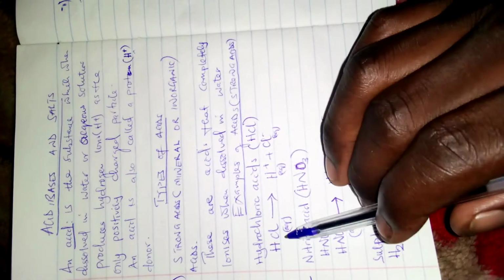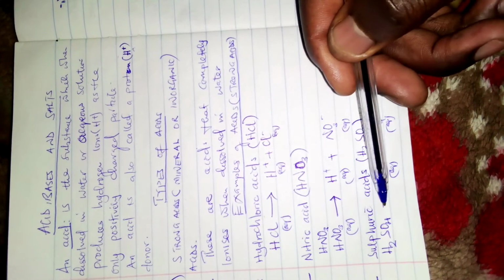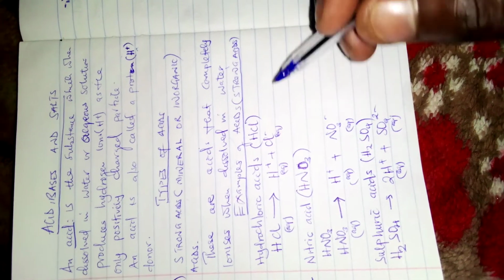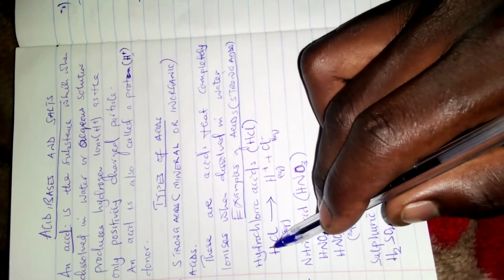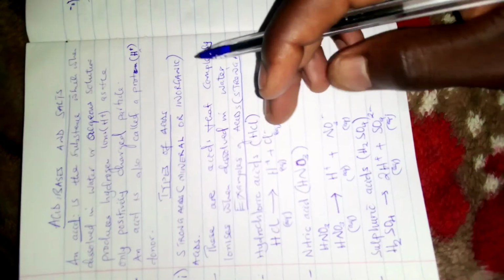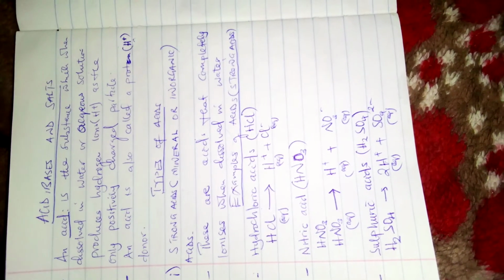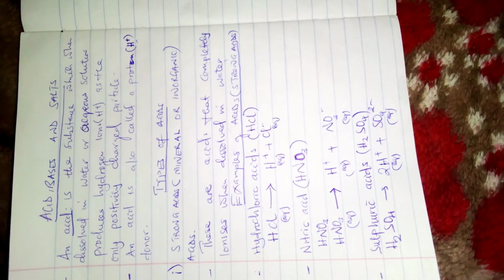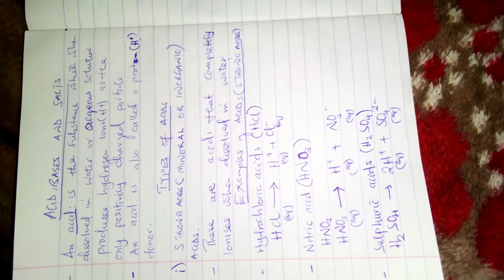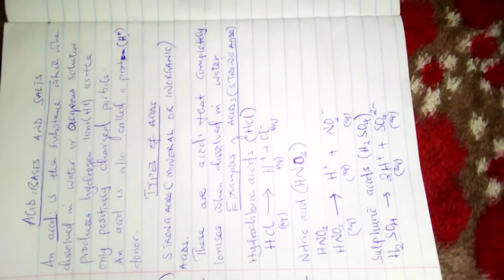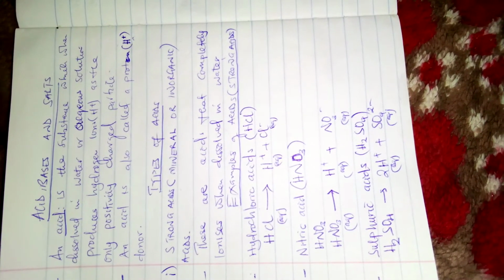If either of these acids was to dissolve in water or aqueous, this hydrogen ion you are seeing here completely ionizes. That's why it is called a strong acid. So strong acids are acids that completely ionize when dissolved in aqueous.